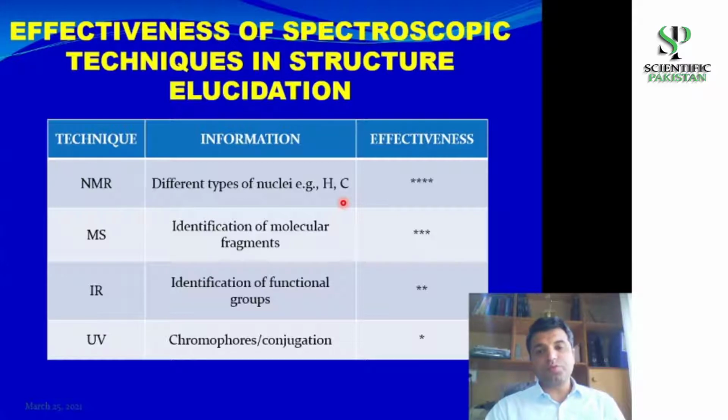But which isotopes of these 2? Proton, or protium, and carbon-13. These are the 2 isotopes of hydrogen and carbon that can be studied in NMR spectroscopy.